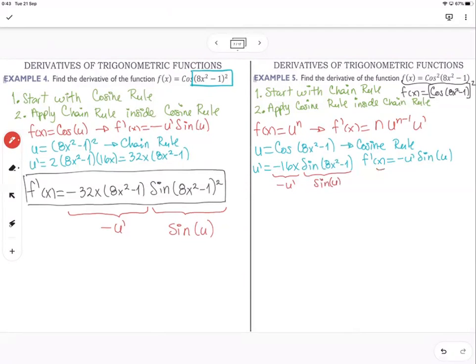I'm just applying this rule, okay? So going back to the chain rule, which is my main rule here, following the chain rule is going to be 2n times u to the n minus 1 times the derivative of cosine.